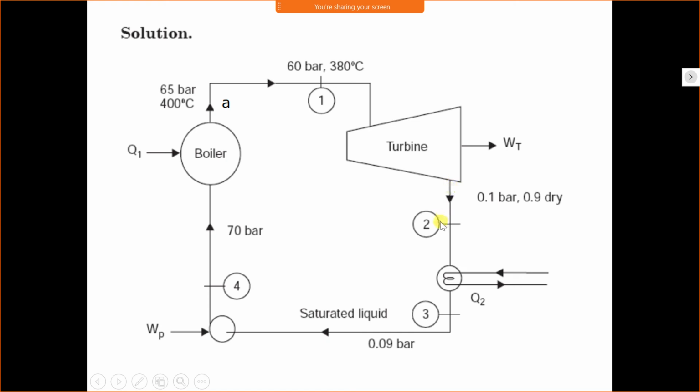Now the outlet condition of steam from the turbine is 0.1 bar and 0.9 dry. Therefore, we will consider enthalpy h1 and h2 across the turbine.